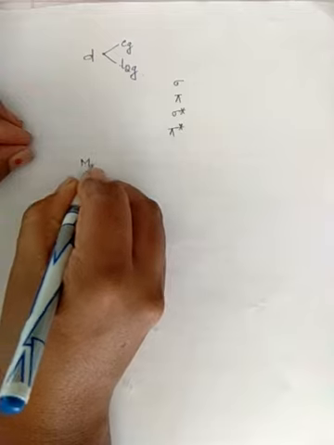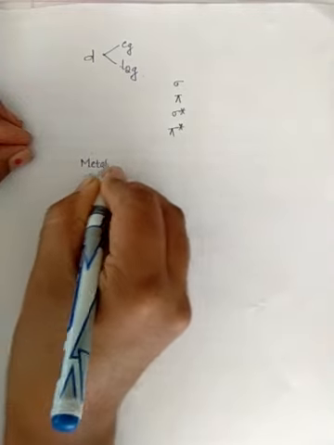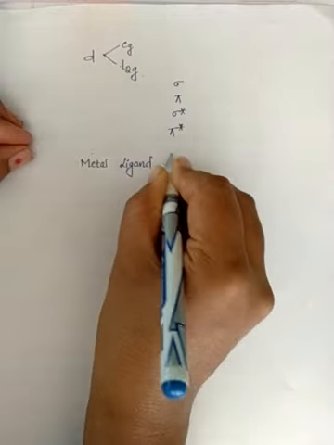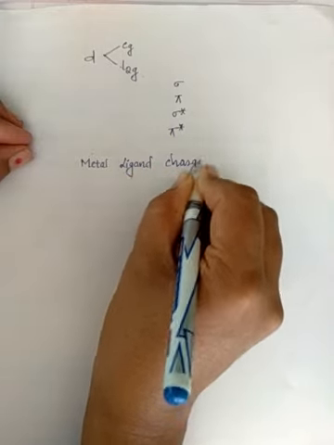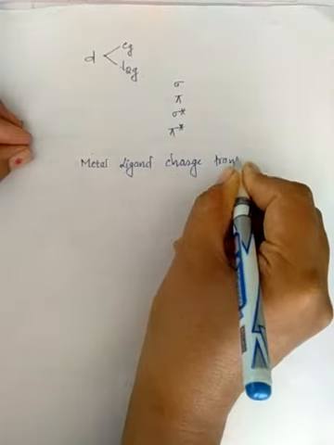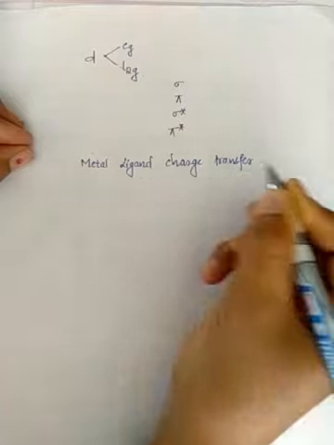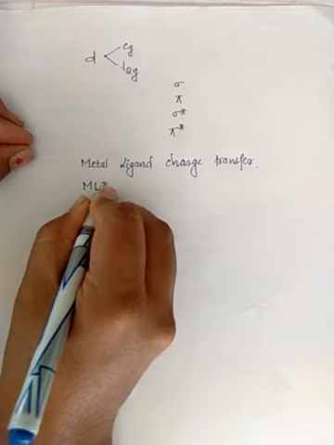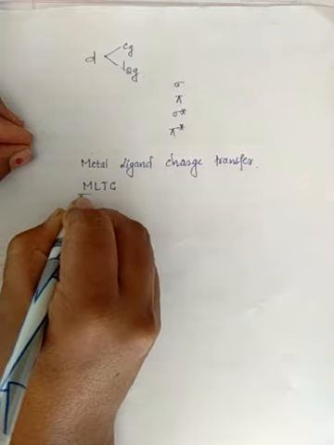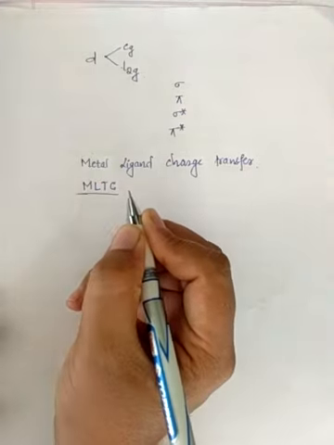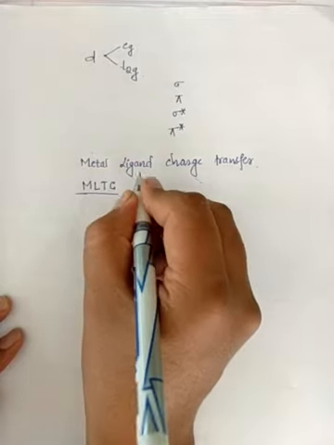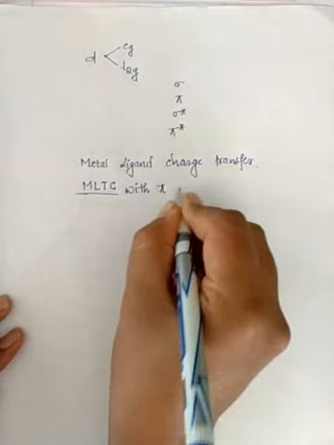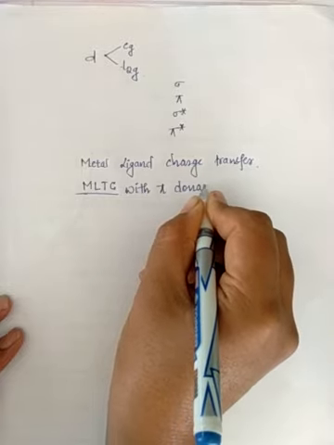So what I mean to tell you is metal ligand charge transfer, MLCT. This is metal ligand charge transfer with pi donor ligand, isn't it?